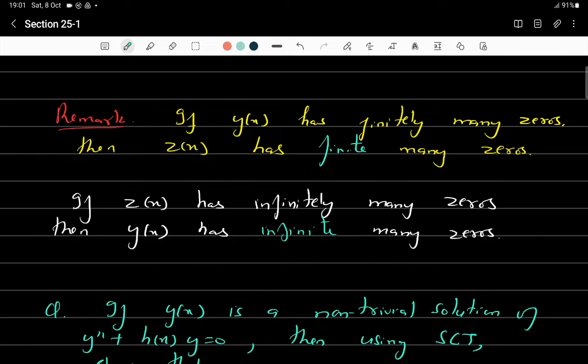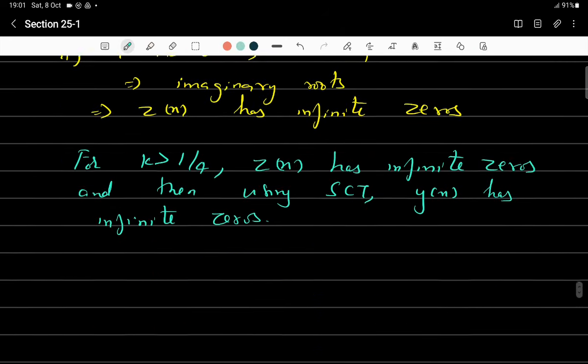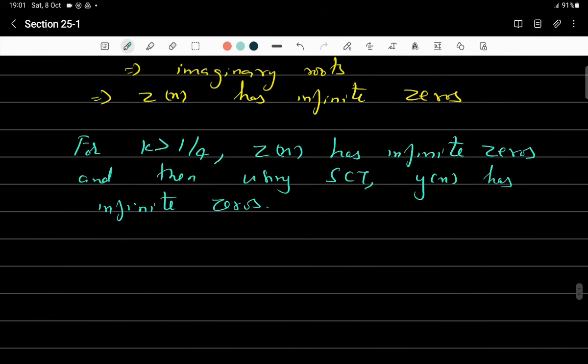So if I have to show that z(x) has finite zeros, I have to show that equation 2 has finite zeros, provided equation 1 has finite zeros. So I need to choose equation 1 whose zeros are finite.